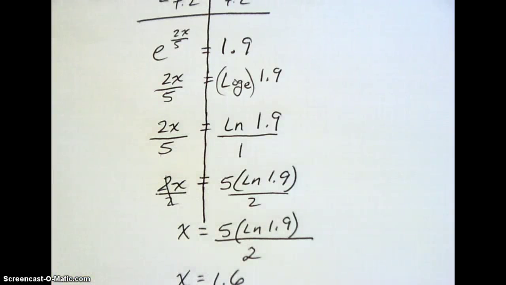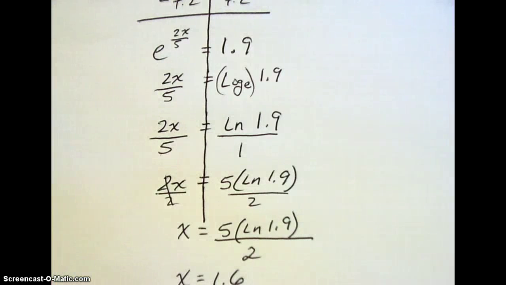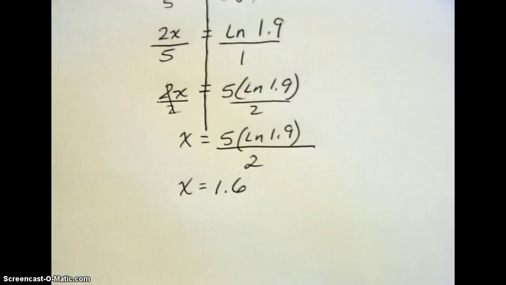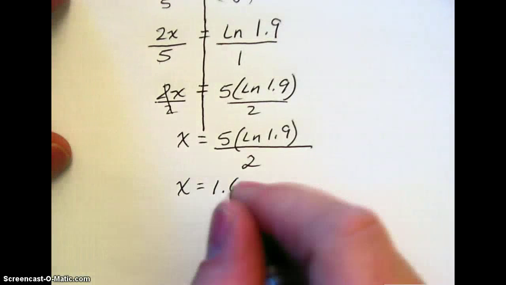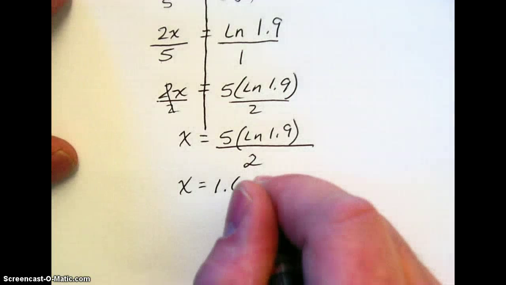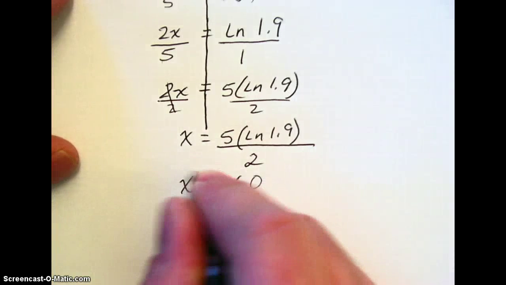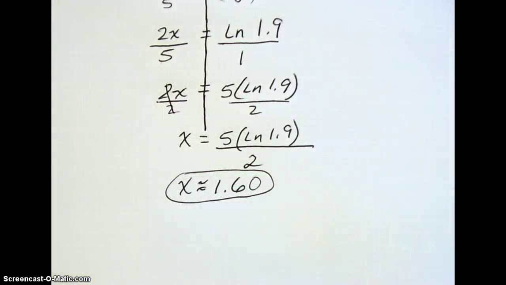Okay, now let's round that to the nearest... What's your assignment say today? Does it give us a rounding point? Okay, if not, let's go to the nearest hundredth on that. Yep. Okay. So 1.60. All right. Okay. Very good.